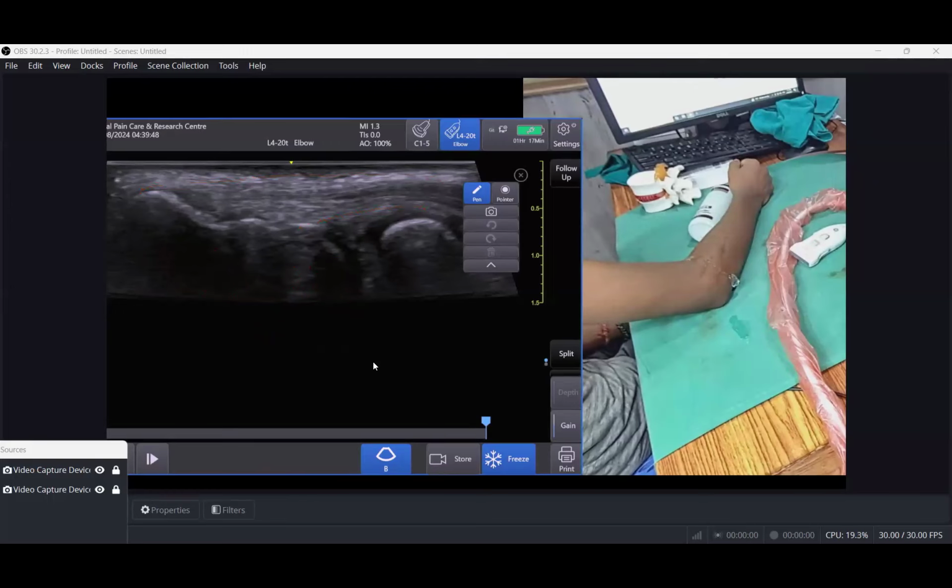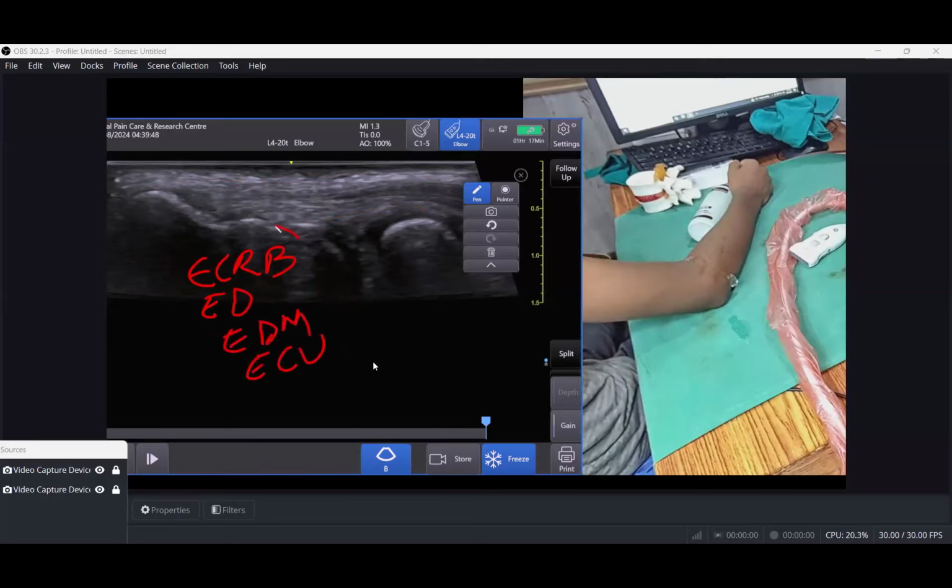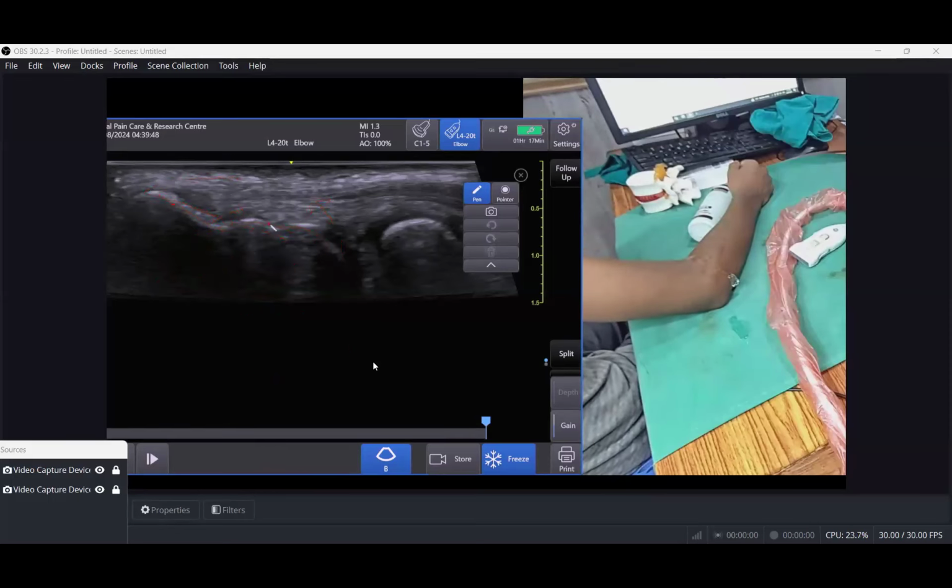It starts with extensor carpi radialis brevis, then comes extensor digitorum, extensor digiti minimi, and extensor carpi ulnaris. These 4 tendons form the common extensor tendon and get attached to the lateral slope of the lateral epicondyle. This whole portion is the common extensor tendon, and the lower portion is the radial collateral ligament.